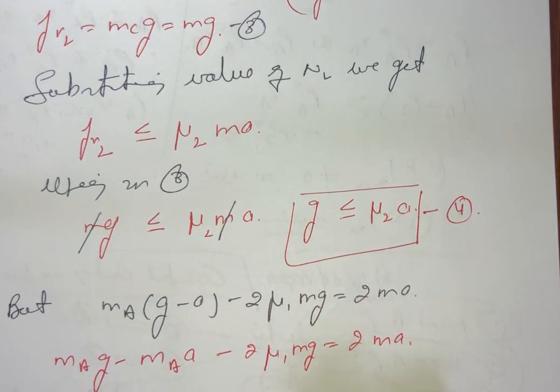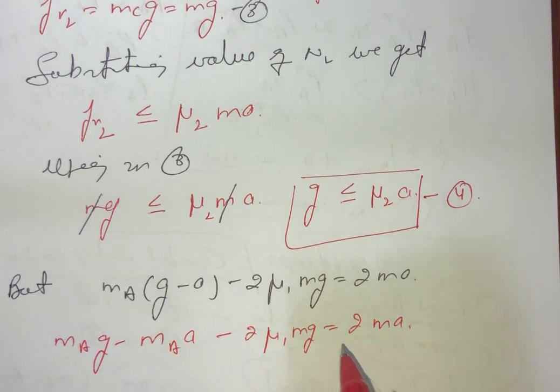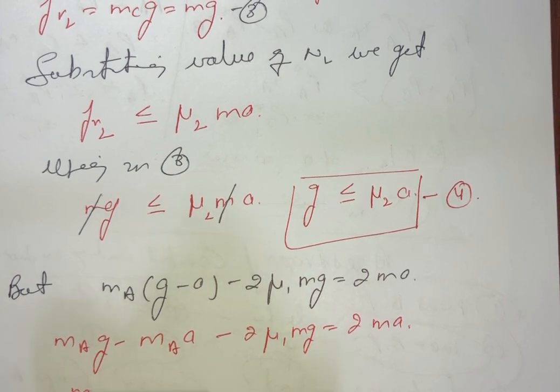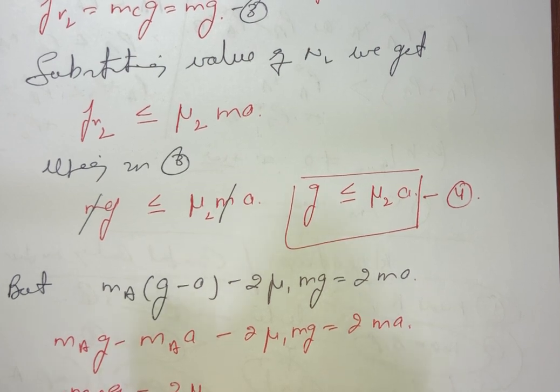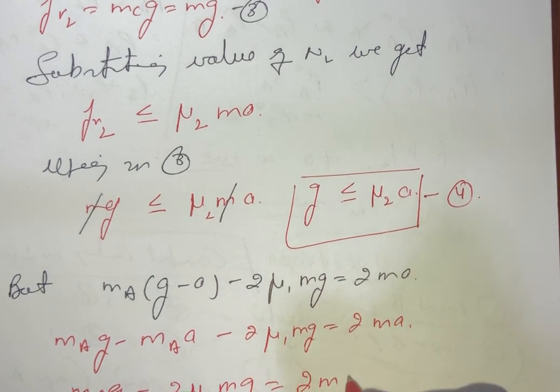So we are going to combine the like terms. Okay. So we get this as MAg minus 2 mu1 mg is equal to 2ma plus MAa.